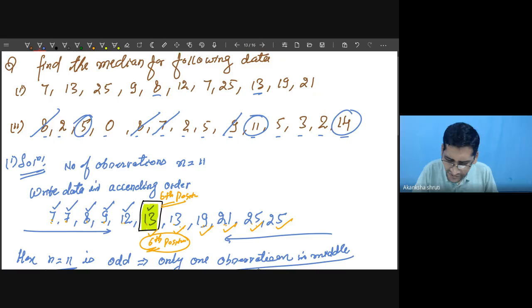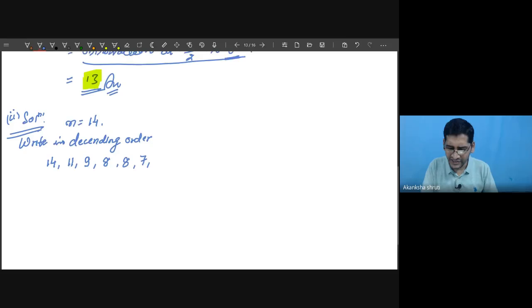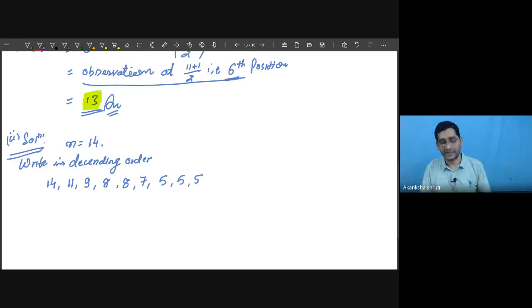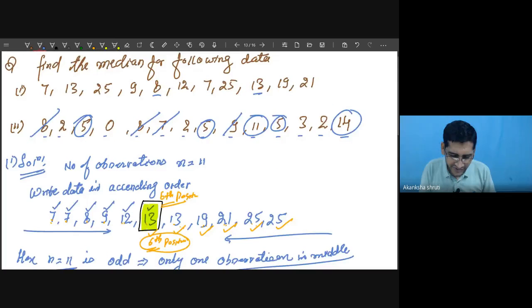We are observing one 5, two 5s, three 5s are there, so write 5 three times: 5, 5, 5. Be careful. Then 4. Is there any 4? No 4. So let us go for 3. Only one 3.